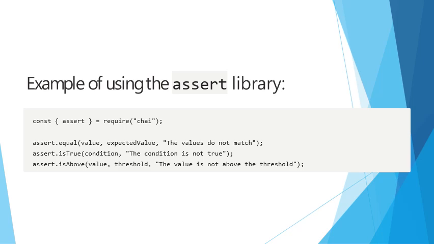The assert.isTrue checks that the provided condition is true, using a custom error message on failure. assert.isAbove ensures the value is greater than the specified threshold.